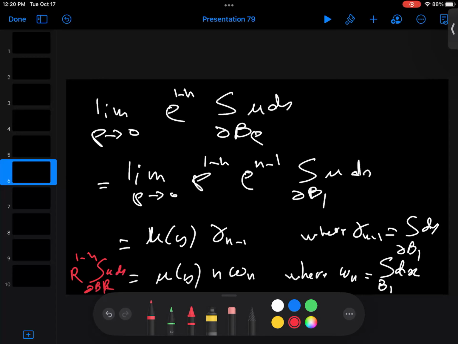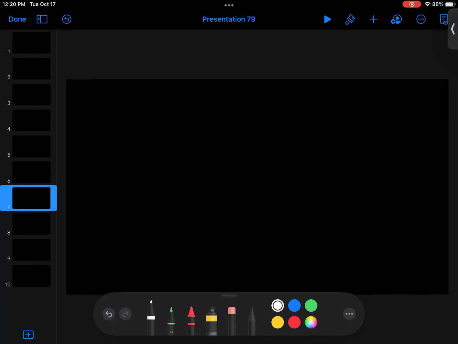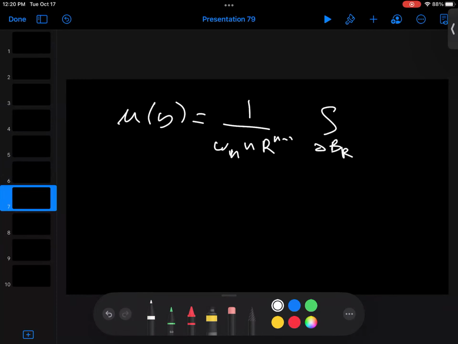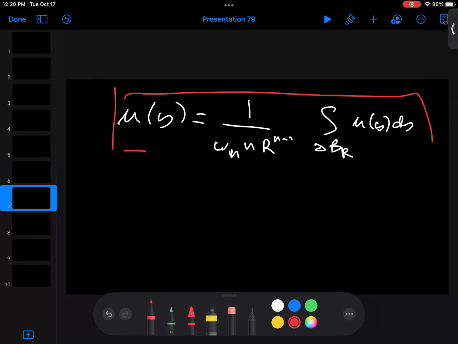So putting this thing on this side, I get that u(y) equals 1 divided by omega n r n minus 1, the integral over the border of u. And this was the first part of the theorem.